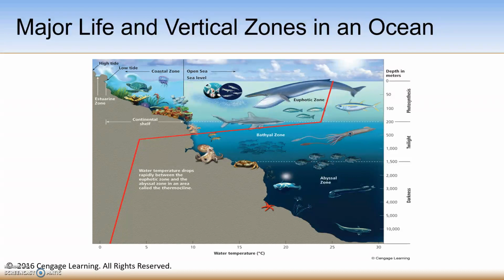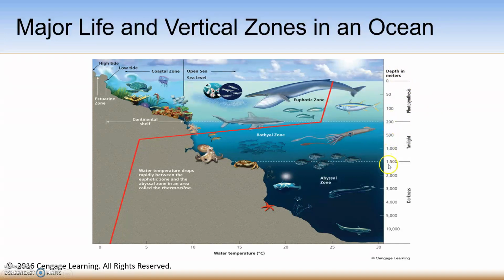The next major marine life zone is the open ocean. The open ocean occurs beyond the edge of the continental shelf and is divided into 3 vertical zones, largely based on the penetration of sunlight. On the y-axis over here, we have depth in meters, so it's depicting that at about 200 meters is where photosynthesis ceases to occur.